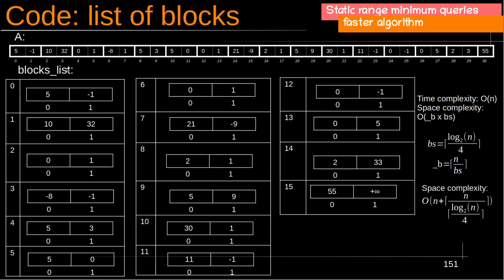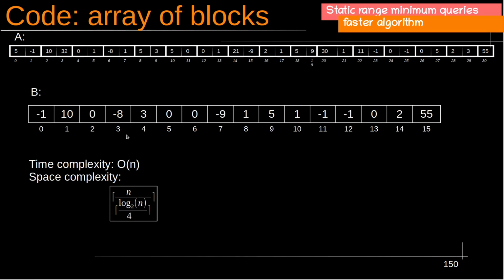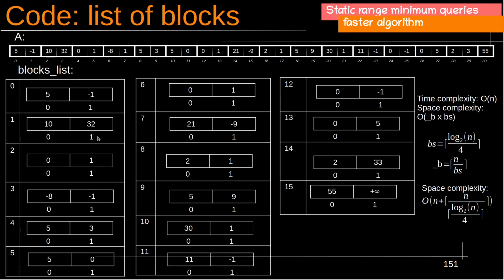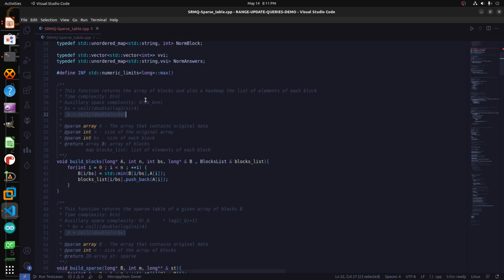The blocks list, or the list of elements of each block, this map will contain as keys the blocks, so we have the same size here as the array of blocks, and for each block we have the number of elements of size BS, which is the size of each block here, computed using this formula.